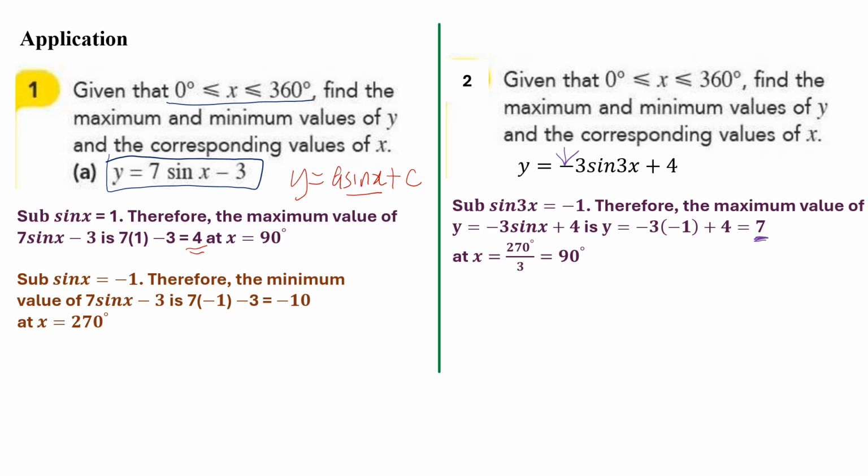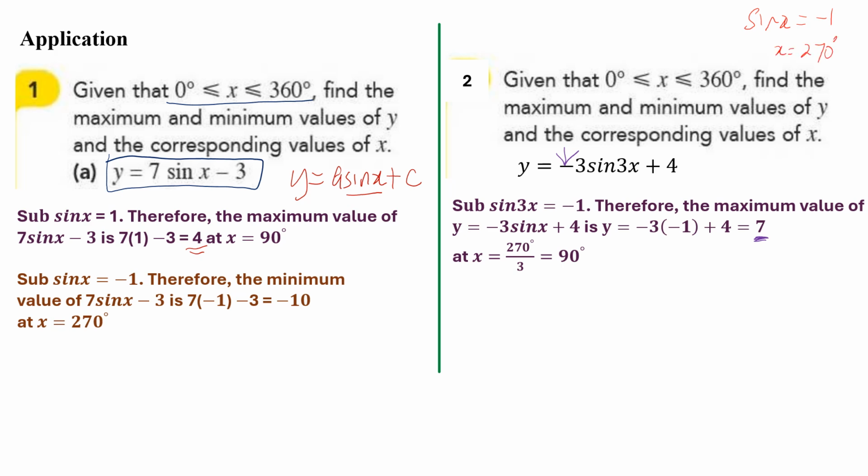And if you remember, to get sine x equals -1, that happens when my x is 270 degrees, right?